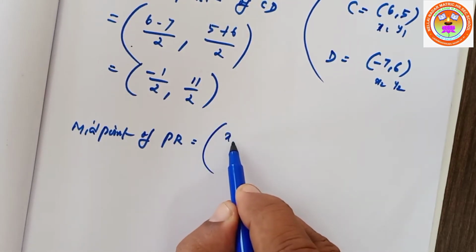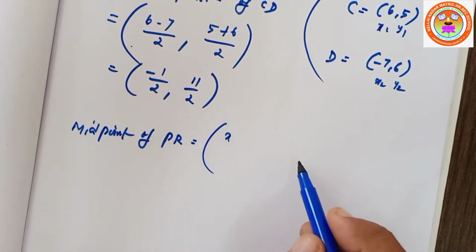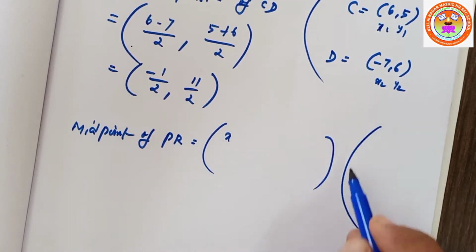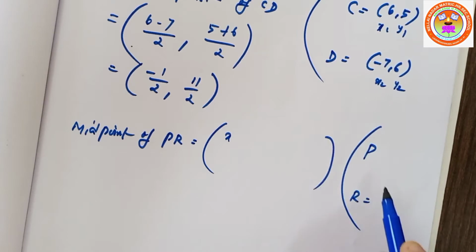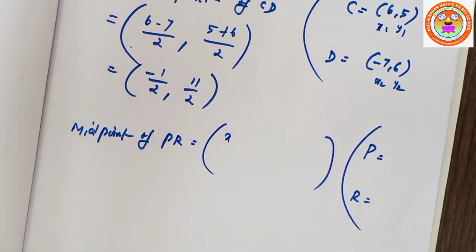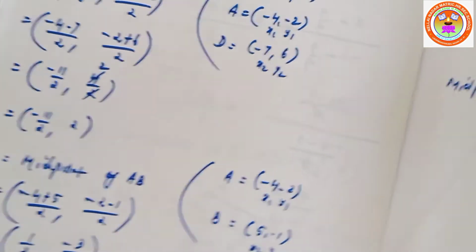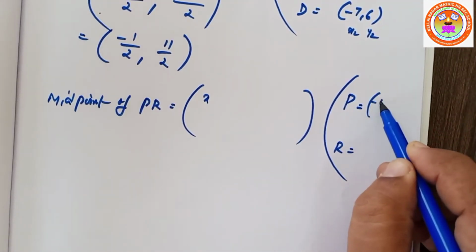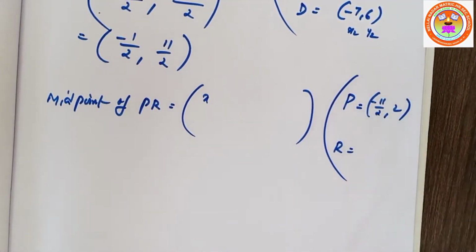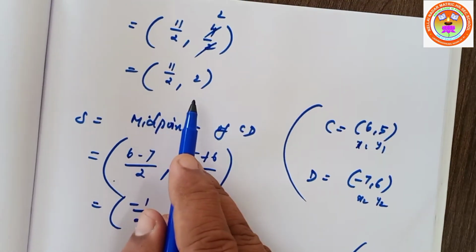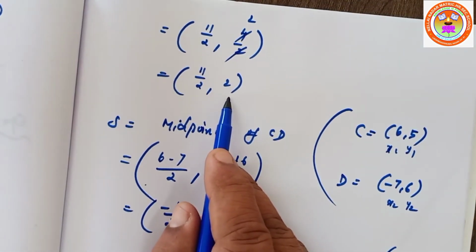Midpoint formula, you know that: x1 plus x2 by 2 comma y1 plus y2 by 2. Same formula only. I write the points P and R. P point we got already, (-11 by 2, 2). R point here it is (11 by 2, 2).